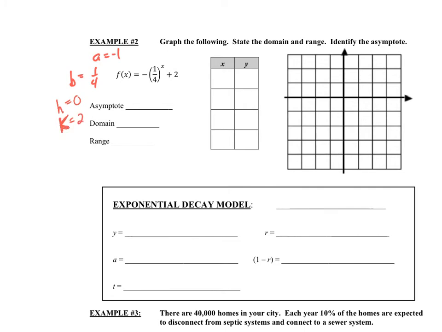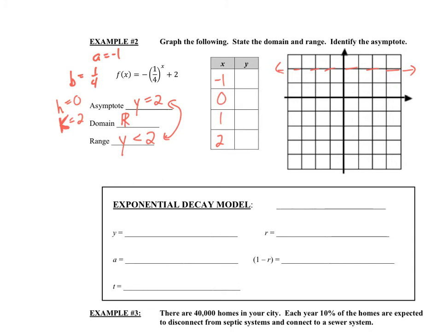So the asymptote is y equals 2. The domain is always all reals. And in this one, since a is negative, the range will be y is less than 2. And again, remember, these two are always going to be the same number. One has an equal sign, and then one will have a less than or greater than. So I put the asymptote on here. The asymptote's at y equals 2. h is 0, so put 0 in the middle somewhere.